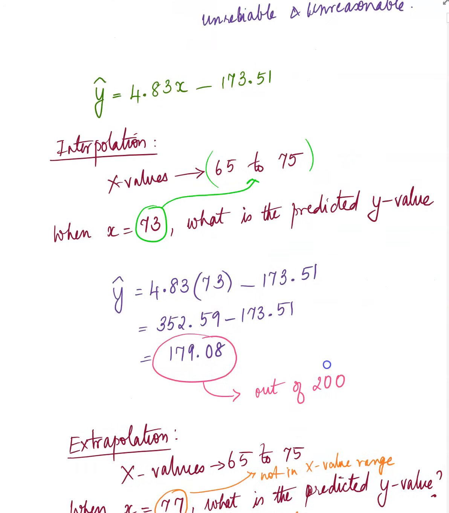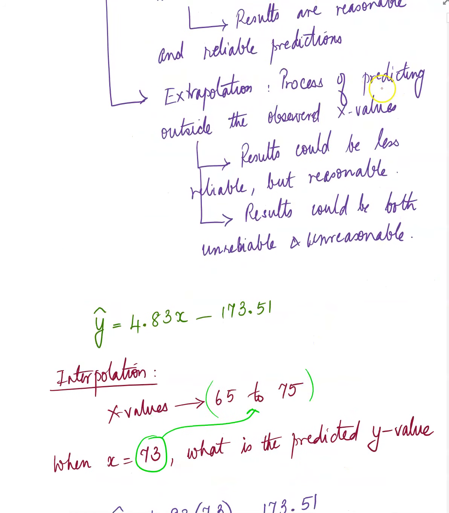If you go back to how we defined this, extrapolation is the process of predicting outside the observed x values. In that sense, we did choose something outside, but there are two possibilities. It could be less reliable but reasonable, or it could be unreliable and unreasonable.